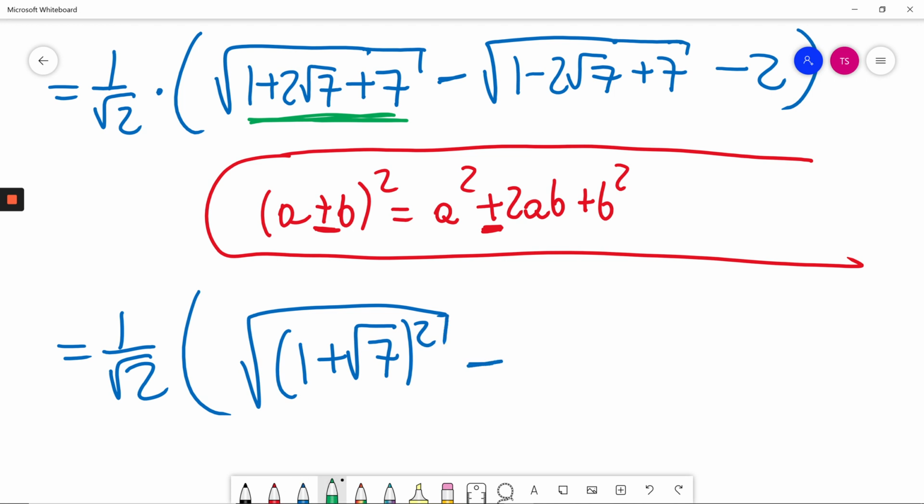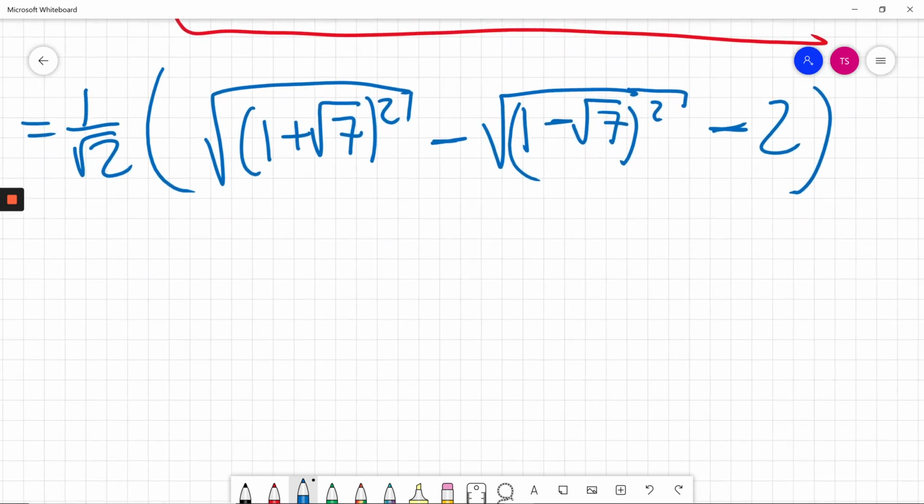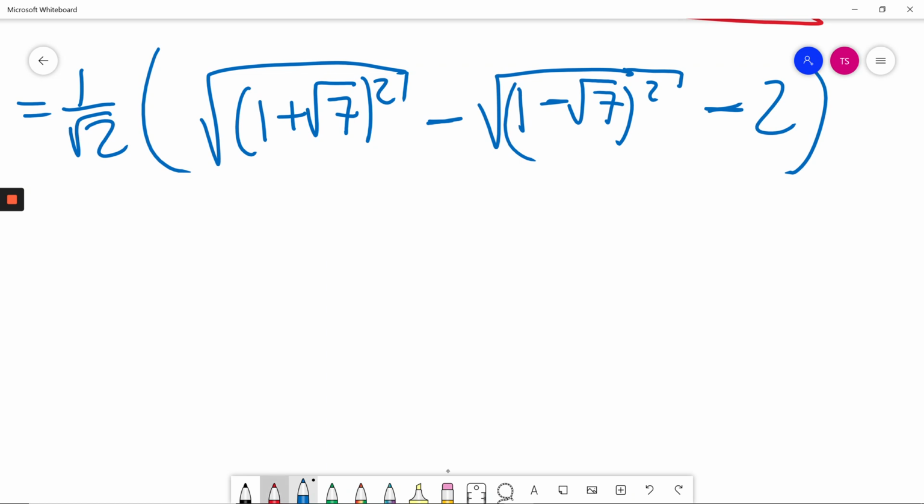Similarly, I can write this as 1 minus square root of 7 squared. Now I'm going to use formula square root of x squared is equal to absolute value of x.